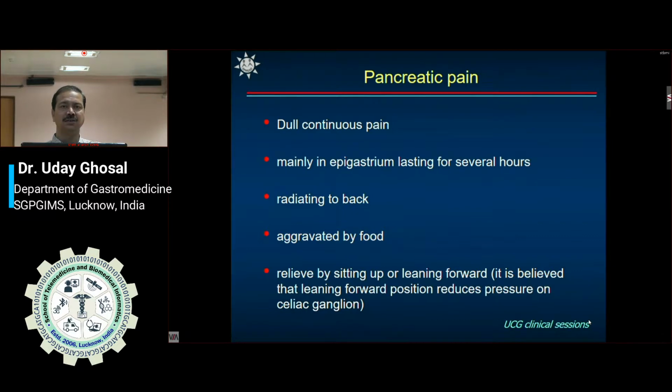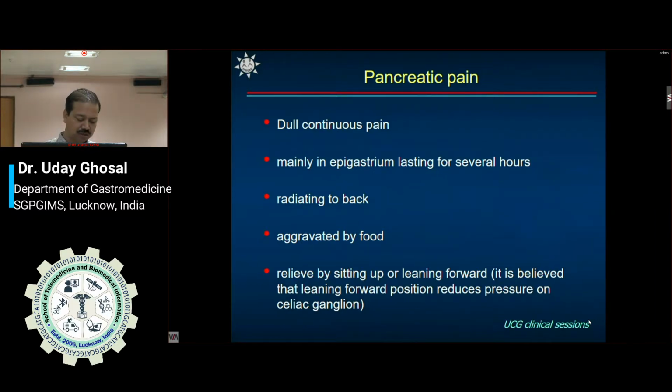In pancreatitis, the onset is again acute, but the maximum intensity of the pain occurs half an hour, 1 hour, or a little more after the onset. Gallbladder pain is a steep rise from the onset, whereas pancreatic pain is more like a gradual crescendo going to the maximum. So this is the difference between pancreatic pain and gallbladder pain.